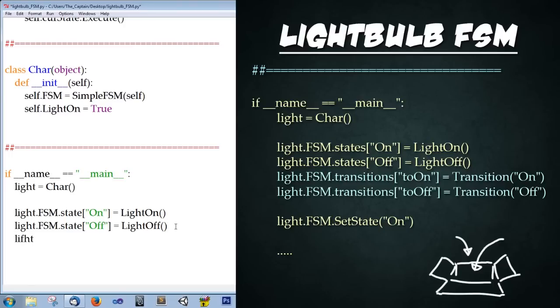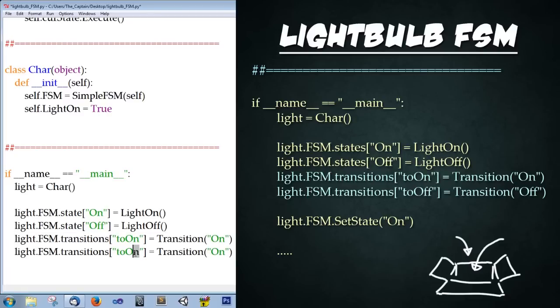Next we're going to go ahead and create the transitions. So light.fsm.transitions, open parentheses, "to_on", is equal to Transition, open parentheses, "on", open close parentheses. Copy that line and paste it down below and replace those n's with two f's. Okay, save it. And what we did down here is we did the exact same thing.